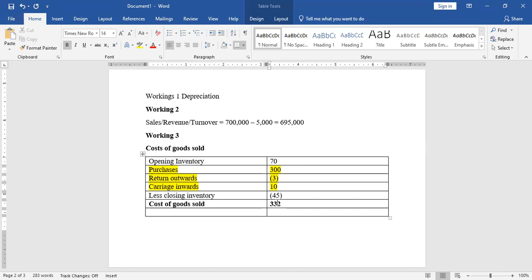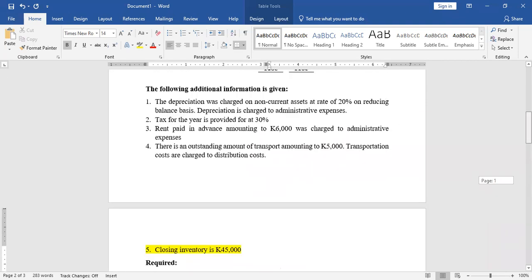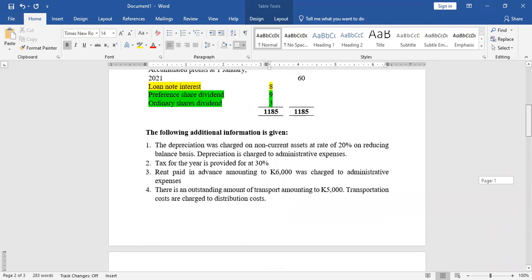Maybe yes, maybe no. We need to check the notes to see if there is any note which is requiring us to put something on the cost of goods sold. The first note, depreciation was charged on non-current assets, and depreciation is charged to administrative expense.